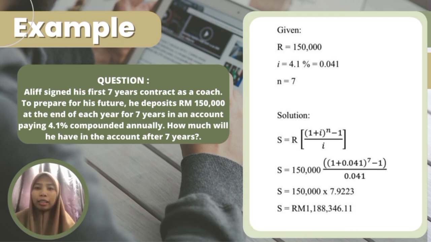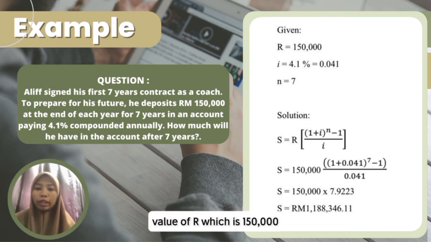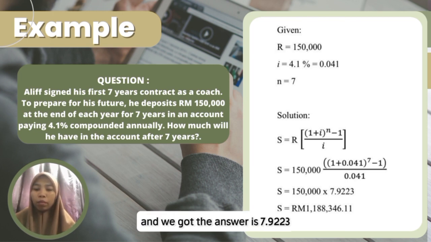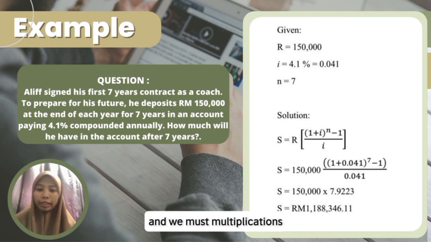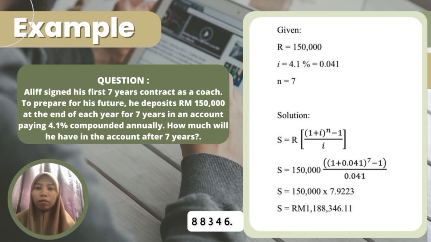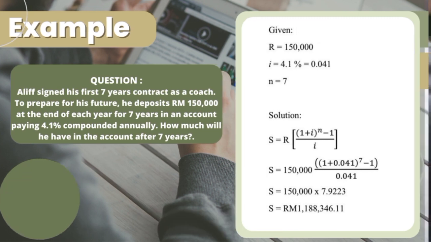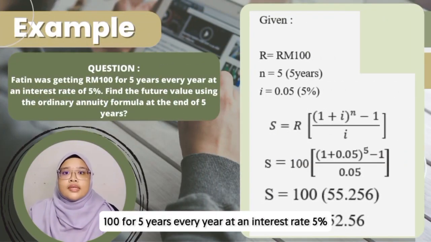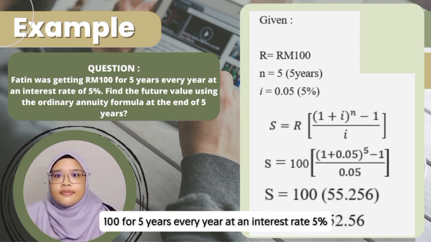We put R as 150,000, i as 0.041, and n as 7. We calculate the bracket first, and we get 7.9223. Then we do the multiplication, and we get the answer, which is 1,188,346.11.